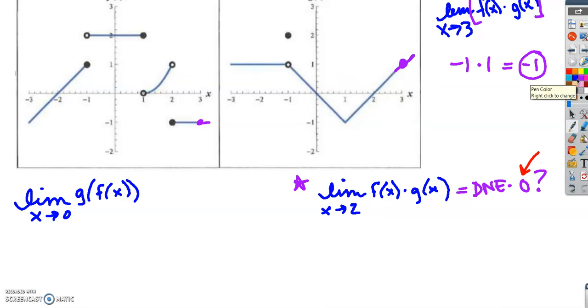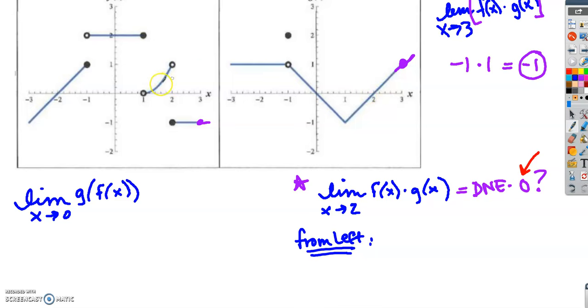Let's just do one side at a time, okay? If I look from the left, let's just see what happens if I multiply them. So f of x, as it approaches 2 from the left, is going towards 1. Now, let's see what g of x is from the left. g of x from the left as we approach 2 is 0.